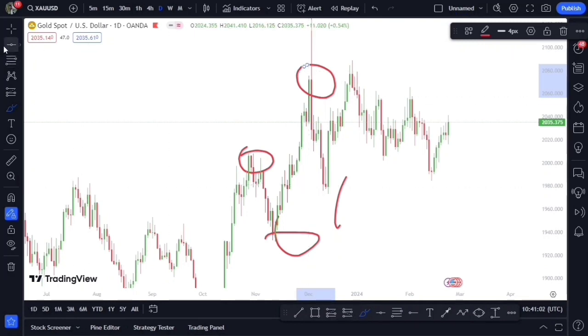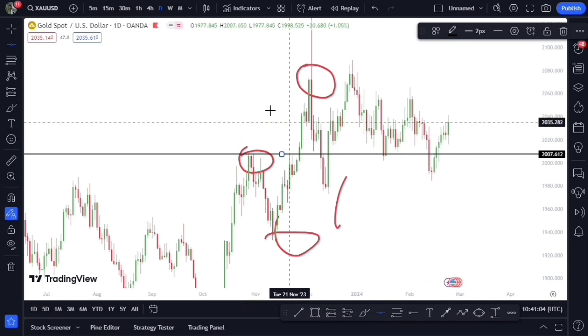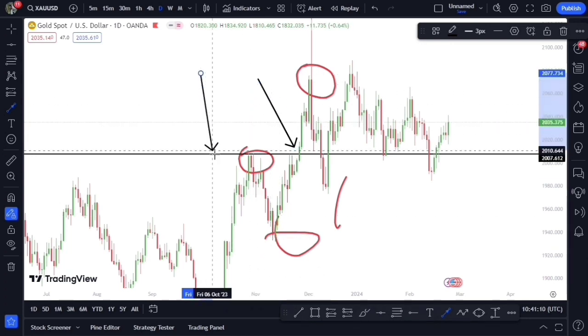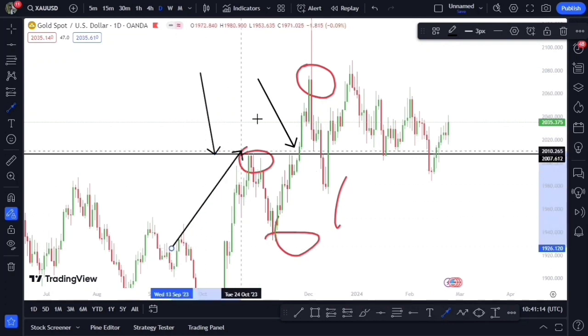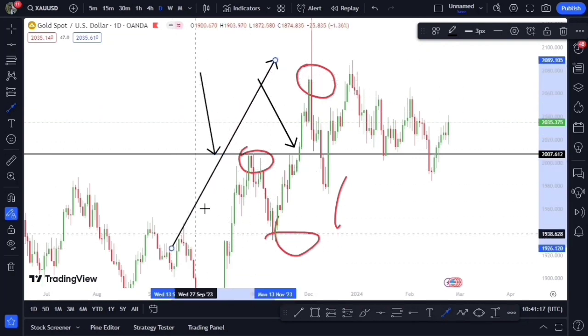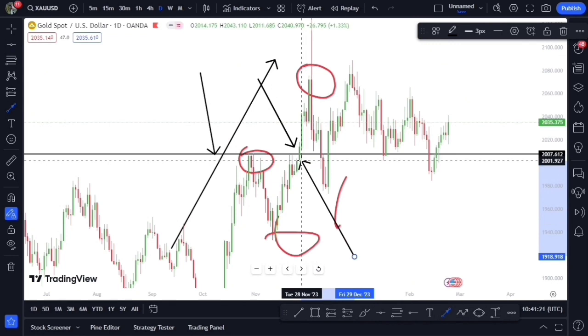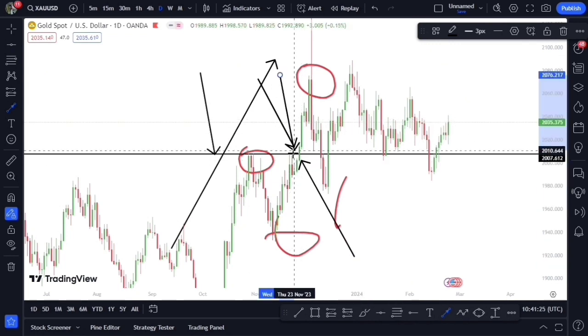As an example, taking an opportunity on this area right here after breaking a resistance lines up with the general trend of the market. As you can see, we are bullish, and taking a trade above this area has a higher chance of continuing up, and this is what happened here.